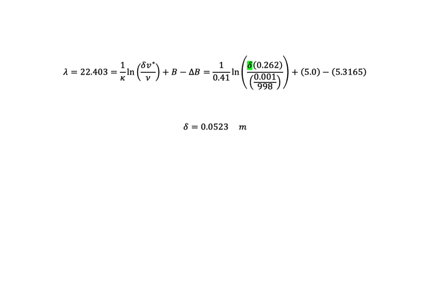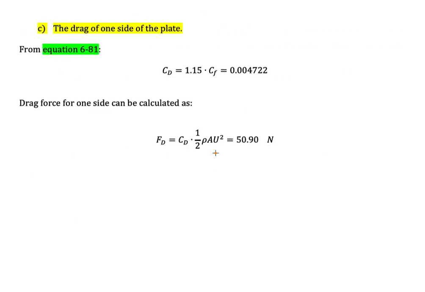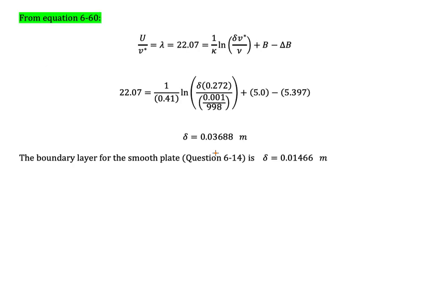Here the boundary layer thickness is a little bit larger compared to the previous calculation. Here we get 0.0523 meter, but from the previous calculation we got around 0.03 meter.